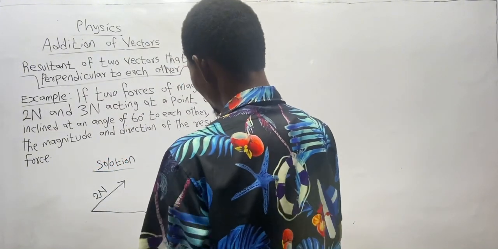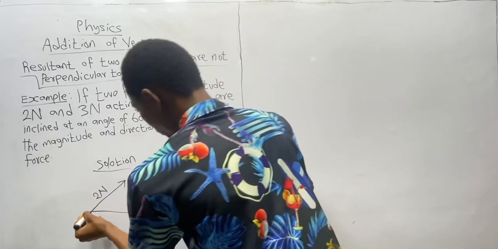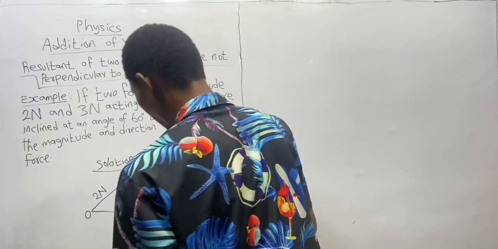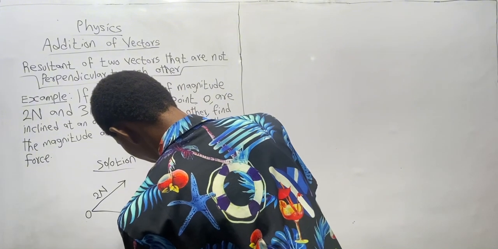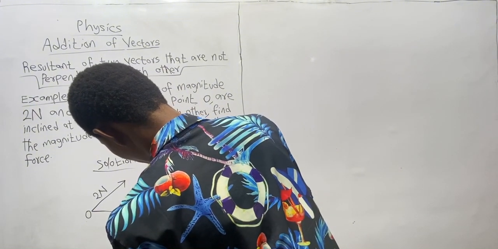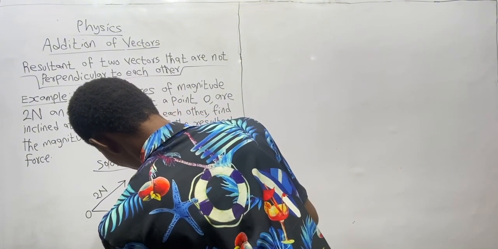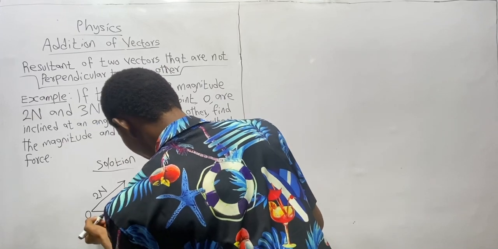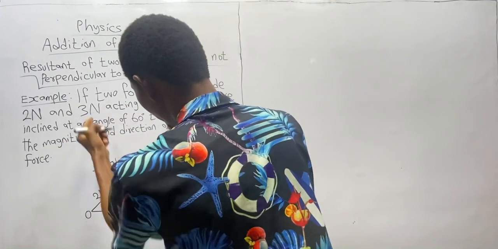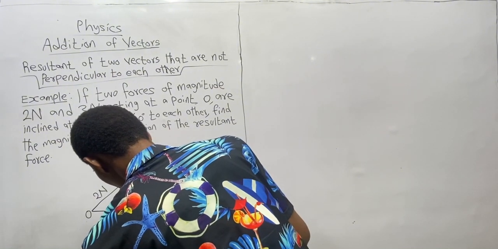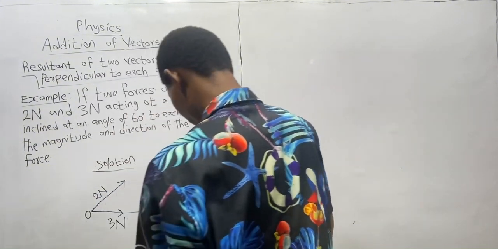And remember, they are acting at a point O. So this is your point O. Then this horizontal vector or force, let me put it at the middle. Let's see this one as the force 3 Newton.